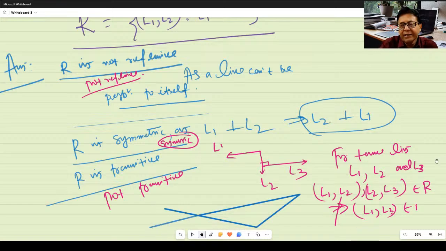Let us take another example. What is that? From practice only, just take an example like, just a minute.